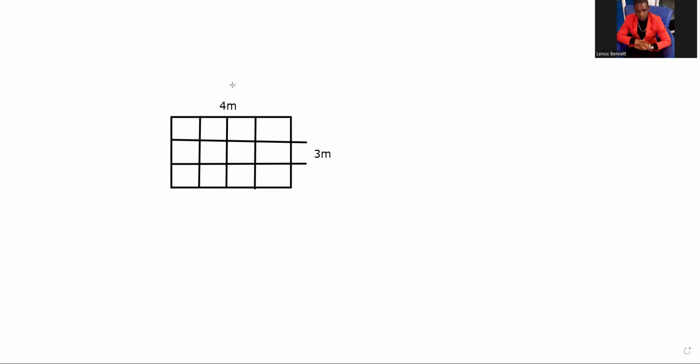Oh boy. No, I'll just rub them out then. All right, so this is supposed to be 3. That means 3 lines, right?